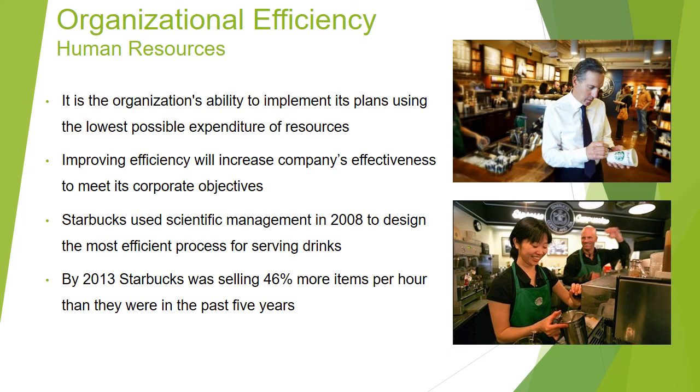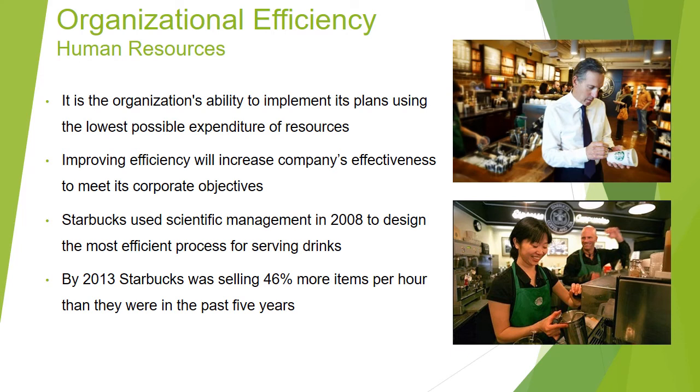Scientific management, in a way, is a form of lean manufacturing with the primary objective of reducing waste. In the late 2000s, during the financial crisis, Starbucks was forced to close about 900 stores, which prompted the company to reevaluate its practices.